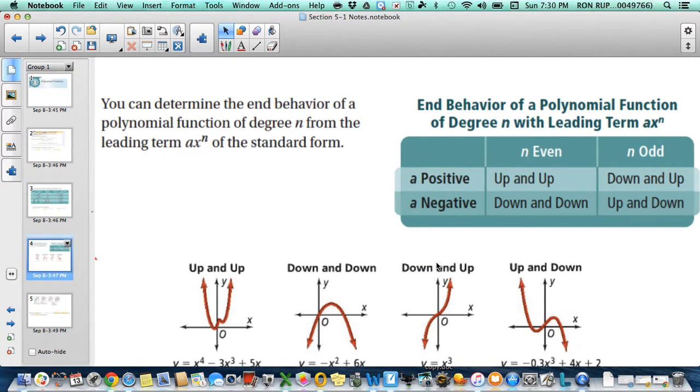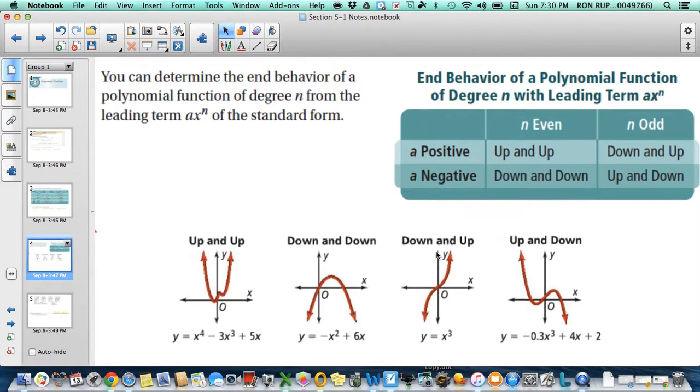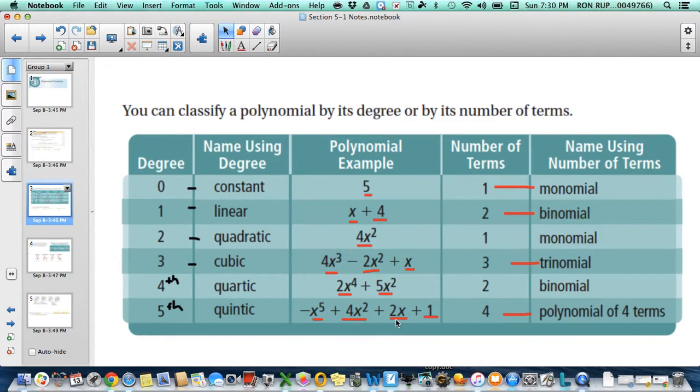And then next is end behavior. So how I like to look at this is you look at the a value in front of that first term in your polynomial. So after you put them in order, we're going to look at the a value of that first term. So you can look here, it's negative.